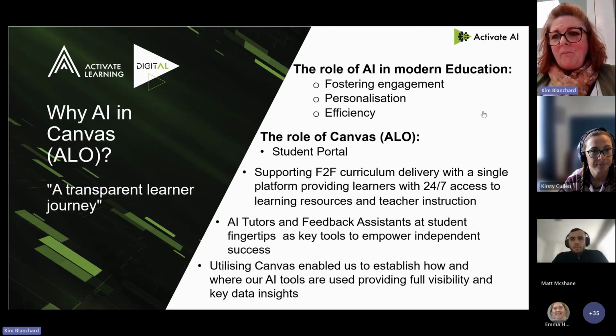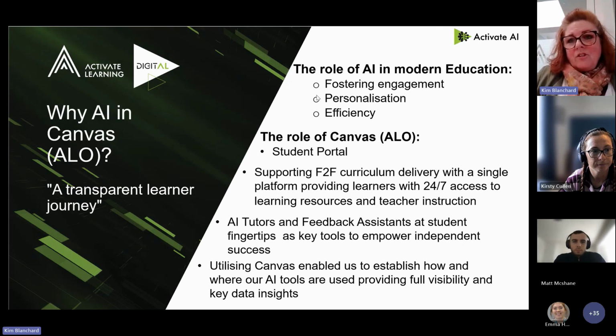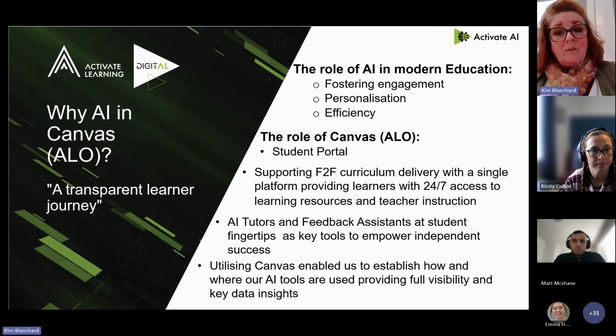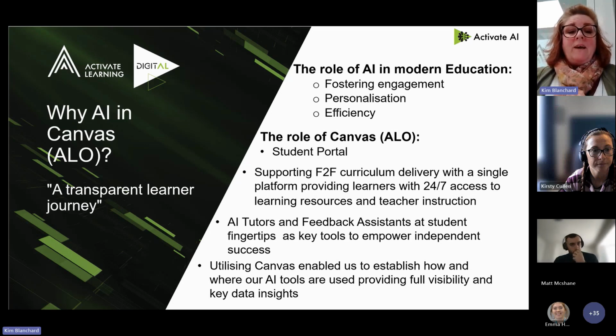The role of AI in modern education, as we saw it, was about fostering engagement, personalization and efficiency. We really want to have a fully transparent learner journey at Activate Learning. So we only have a single delivery platform, which is Canvas.